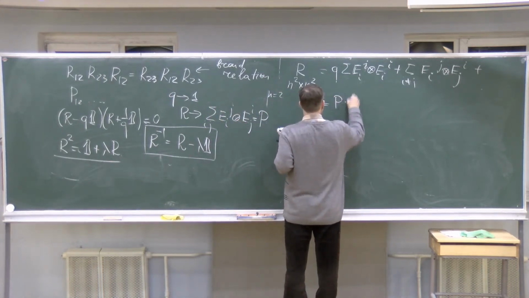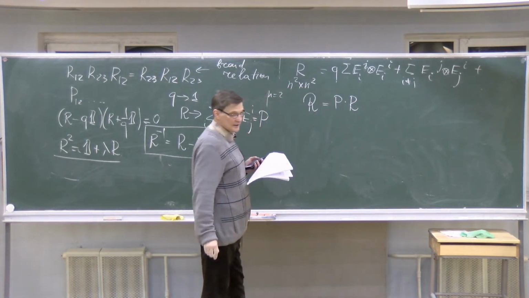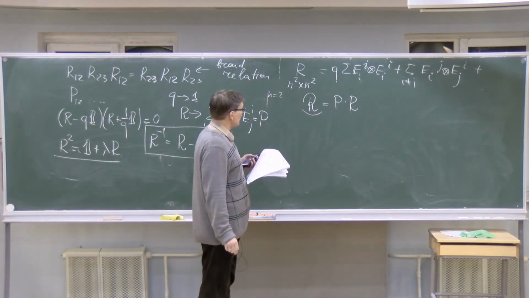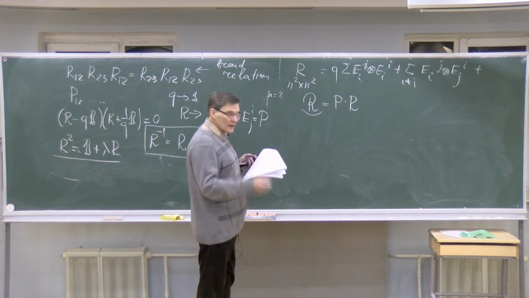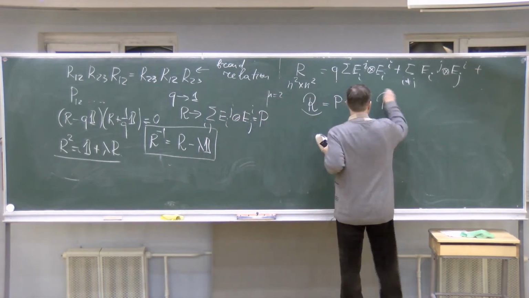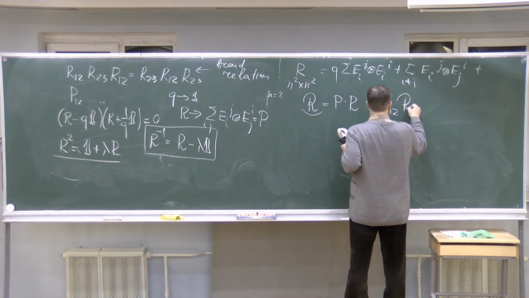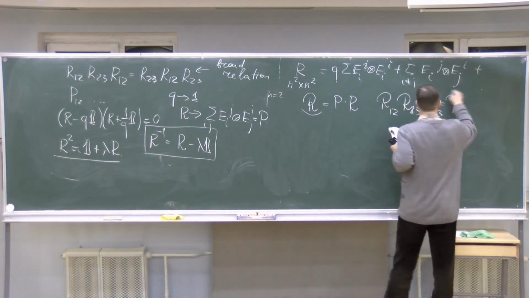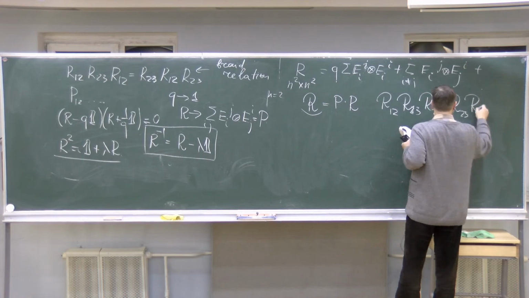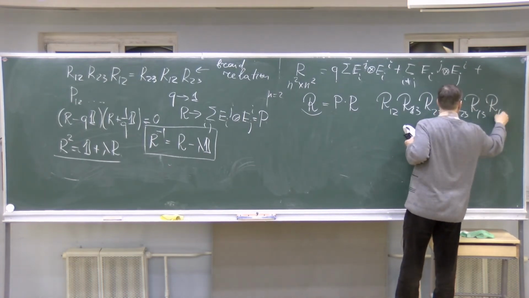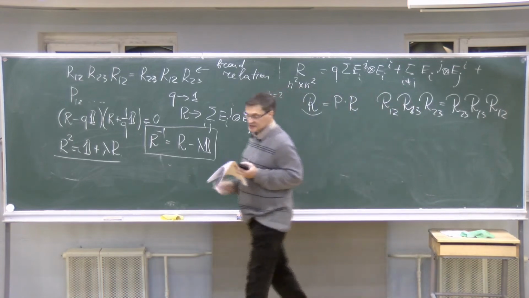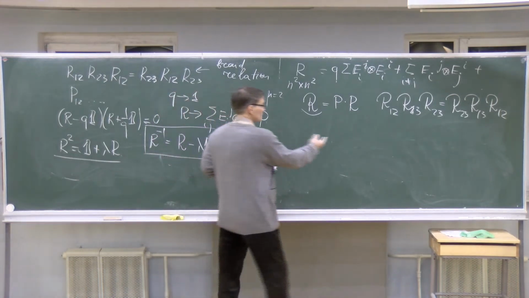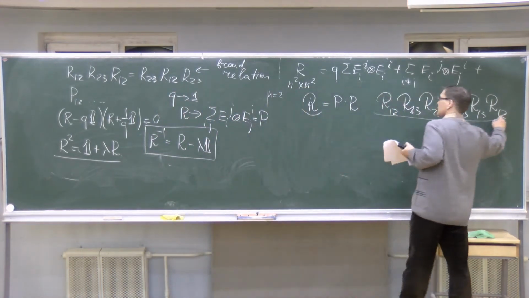This is just a permutation operator multiplied by my R. This is usually called the R matrix, and this R beautiful satisfies the quantum Yang-Baxter equation, R12 R13 R23 equal to R23 R13 R12. This is a direct consequence of the braid relation on the matrix R.